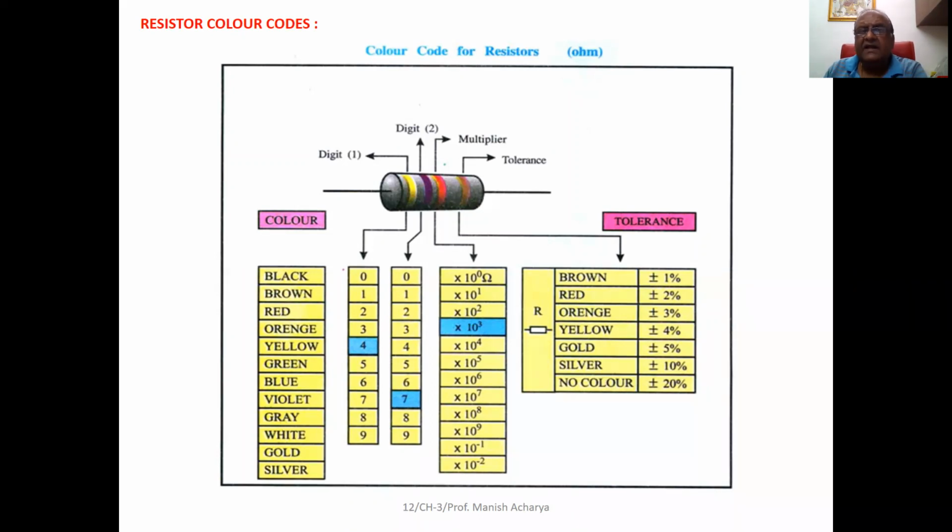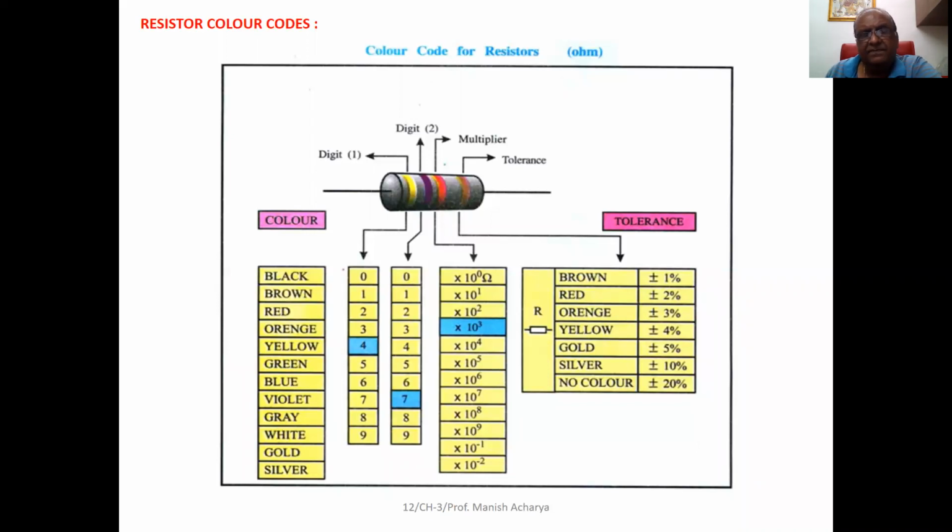Out of the first three bands, the first two bands will give you a figure of two digits, and the third band will give you the multiplier of this figure in terms of power of 10.